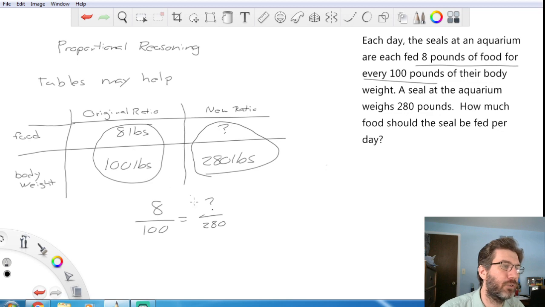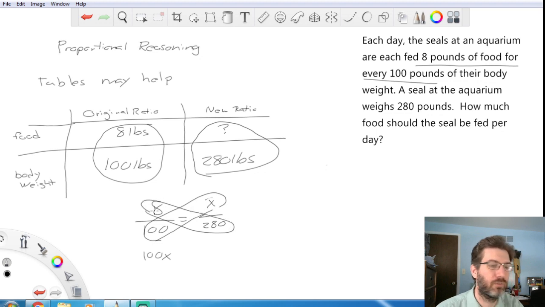You do it through cross products like you've seen before. So we're going to do 100 times your unknown, and I'm going to make your unknown x, so a question mark here. And we're going to do 8 times 280, which gives me 2240, and then divide each by 100.